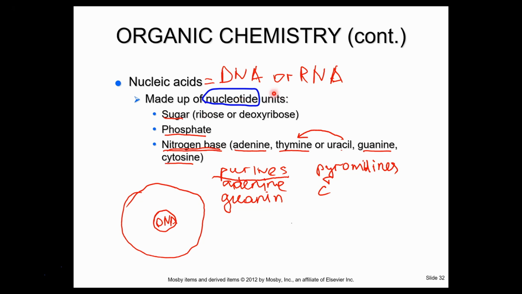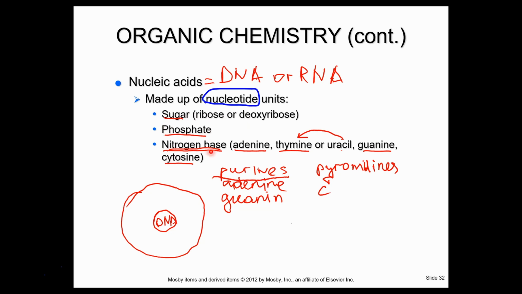So each nucleotide unit consists of 3 components. Depending on the type of sugar, if it is ribose, then it is ribonucleic acid. If it is deoxyribose, then it's deoxyribonucleic acid. And the phosphate is the same in both DNA and RNA.